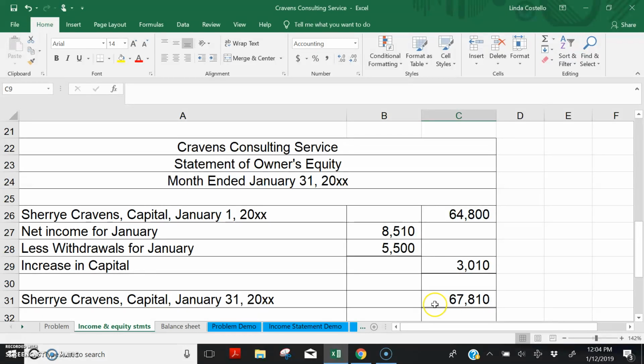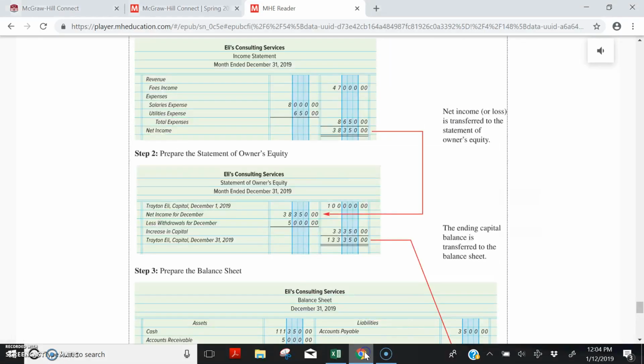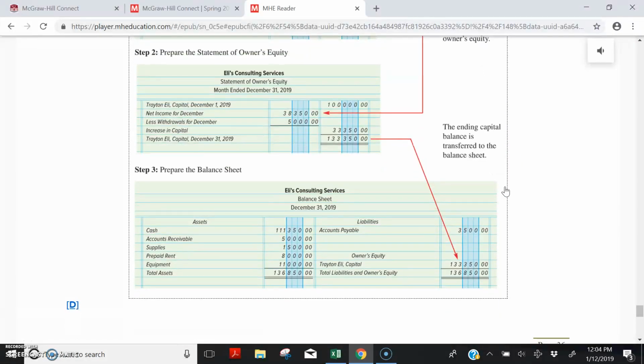And finally, we need to prepare a balance sheet. We'll use the balance sheet on page 35 of the textbook as an example. We'll need a 3-line heading.